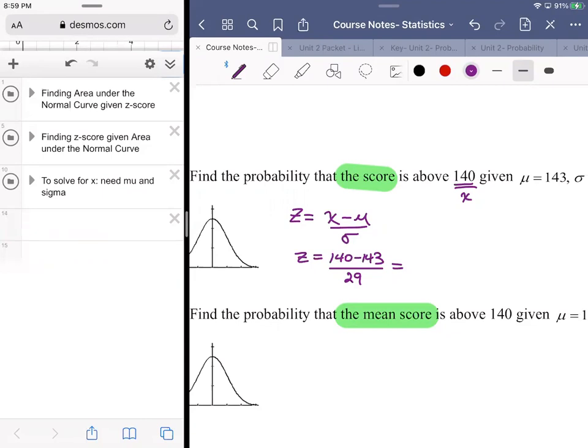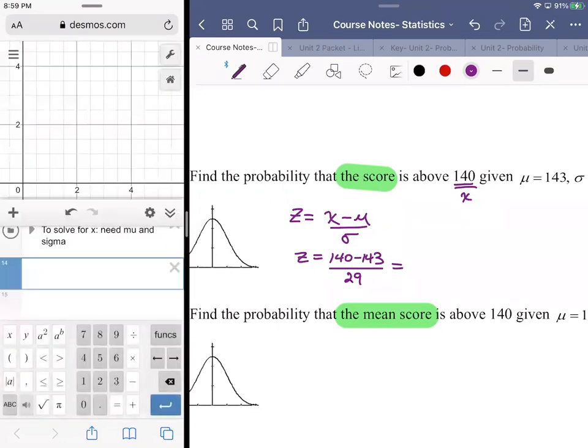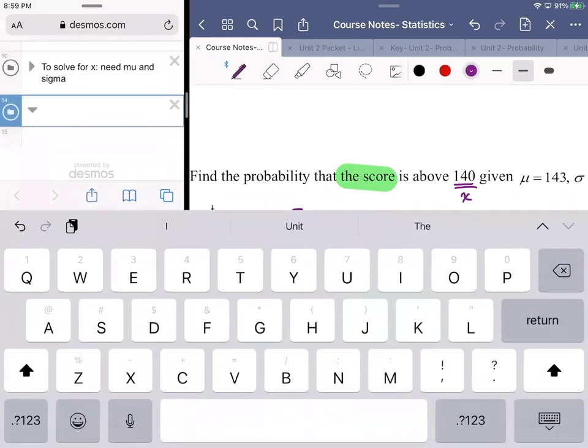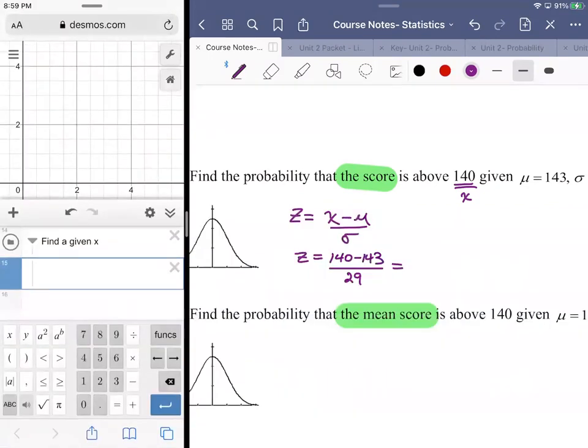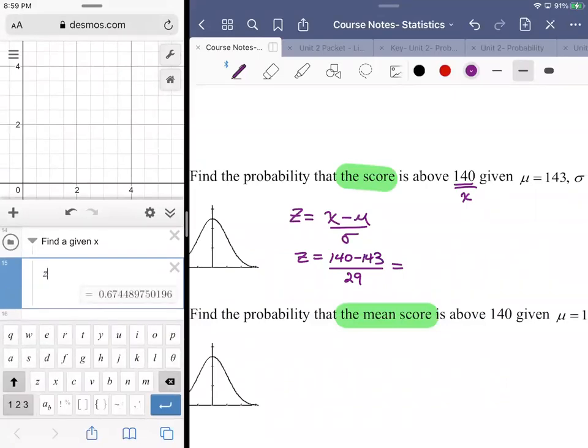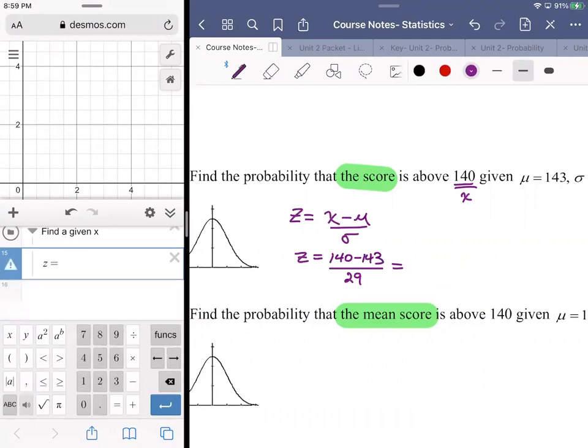And if you want, you can create another folder where it computes z-scores for you based off of individual pieces of information. All right. So you could even say find z given x, for example. And so z equals... The problem is, if you start putting too many scripts in the same Desmos, there might be a conflict, but we'll see.